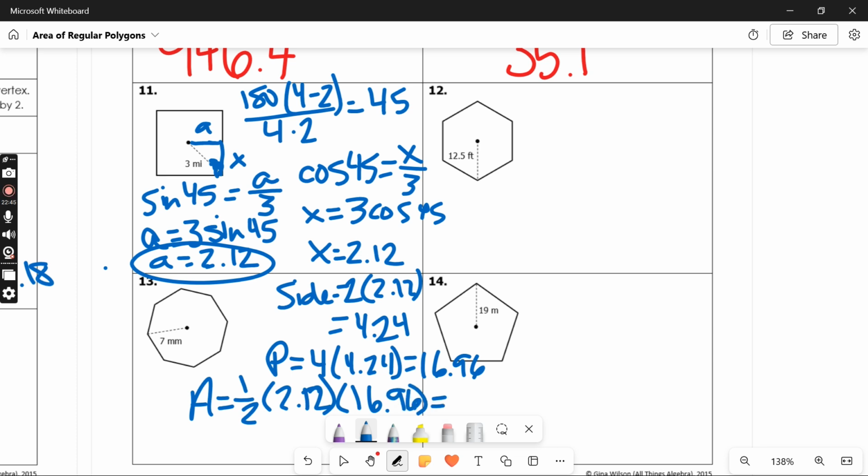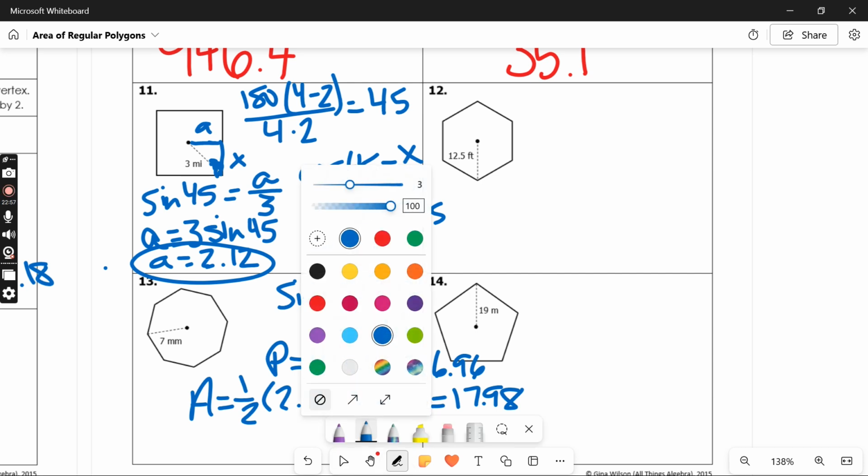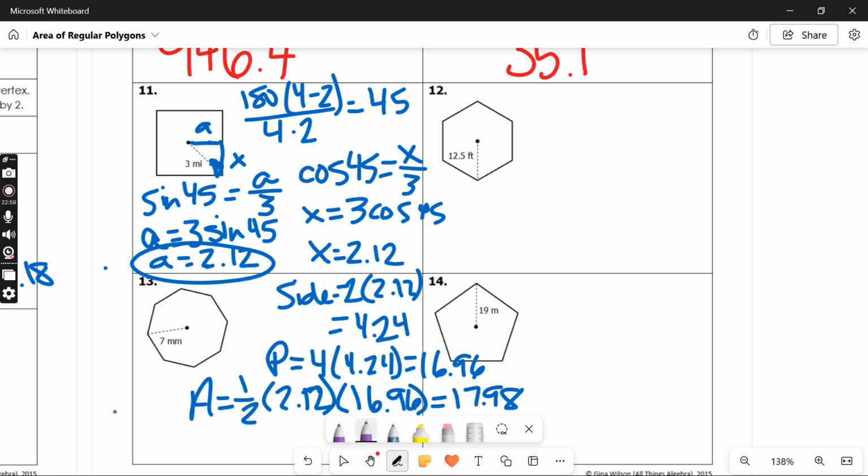So my overall area for this one is 17.98. So that's our final answer. This one does have more steps to it because you have to find both the apothem and the side length.